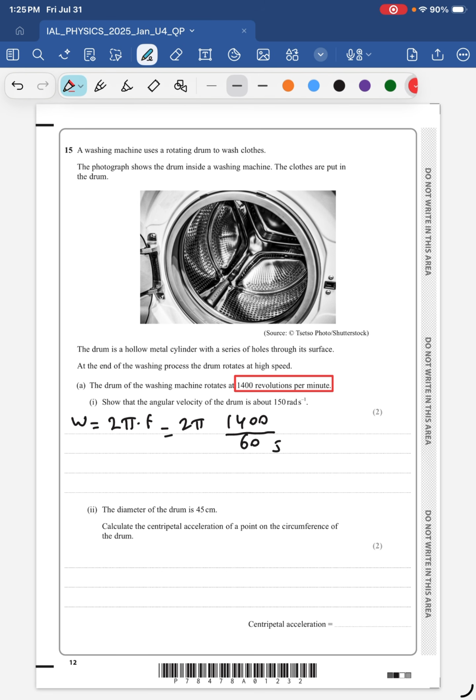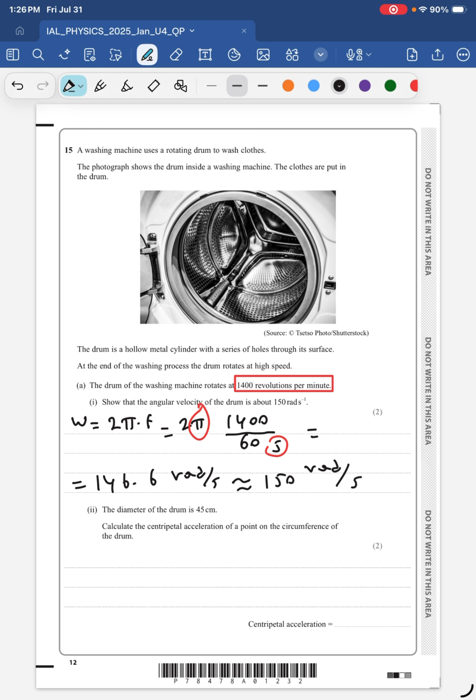So you have your radians from 2 pi, you have your seconds, so you get an angular velocity. Let's verify that. If we multiply this, we get 146.6 radians per second, which is very close to 150 radians per second, which is what they ask us. Okay, so good.